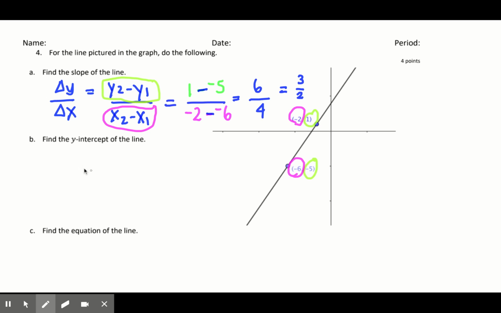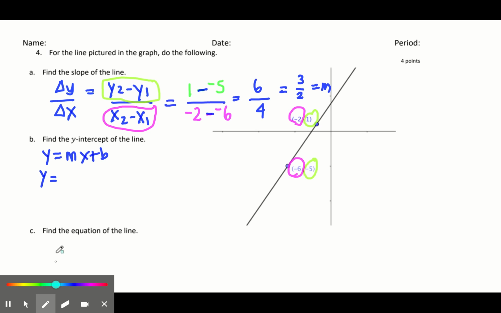So find the y-intercept of the slope. So you want to use your y equals mx plus b. Now you know what m is because this is m. So you plug that in here. So plug in 3/2 for m. And then you have your x. And then what we really need to find, right, is this b value because that's the y-intercept.